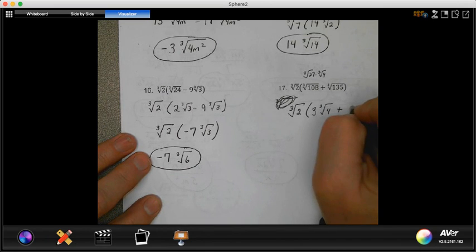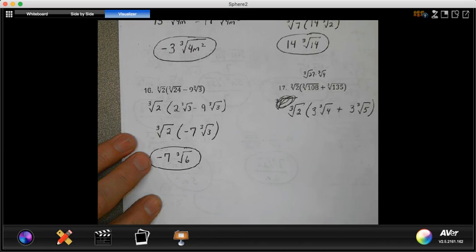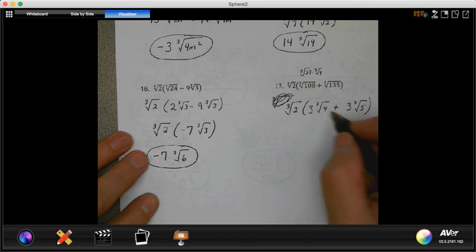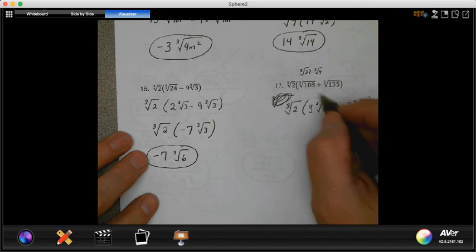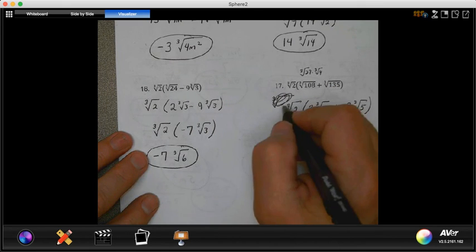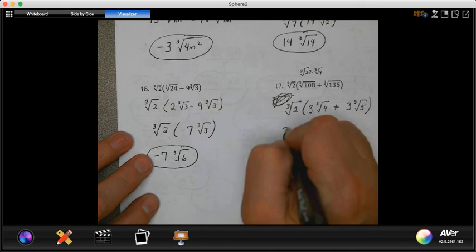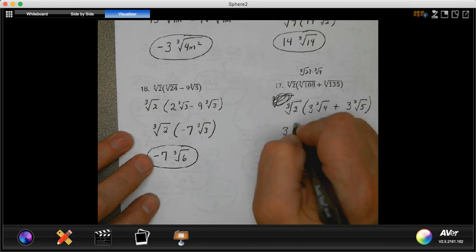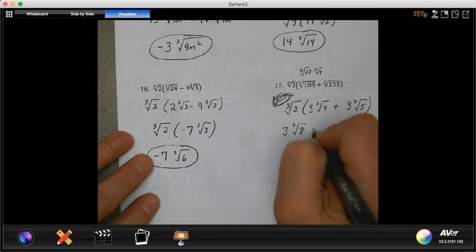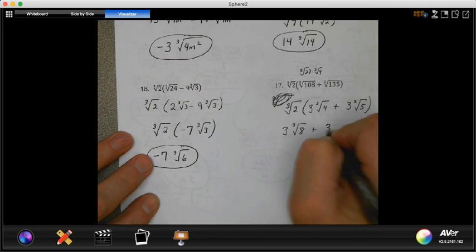So that's 3 cube root 5. Well, those don't add together. Don't get fancy. That's not cube root 9. Leave them separate. Now I got to distribute the cube root of 2. So you just multiply all the numbers on the outside and the numbers on the inside. So 3 times 1 is 3, and that's cube root 8, because 2 times 4 is 8, plus 3, and then cube root 10.